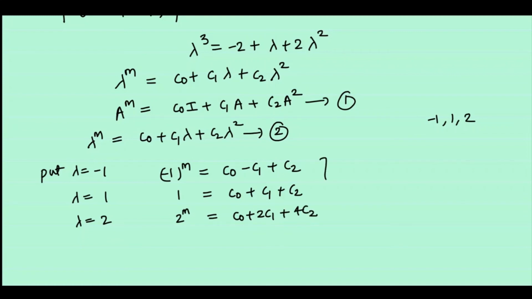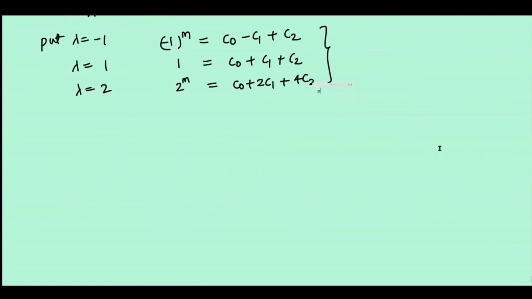Now we have to solve these three equations. We have three equations in three unknowns, and if we solve this, we will get the values of C0, C1 and C2. You can solve by any method, by substitution or by adding two equations. Anyway, we have three equations in three unknowns, so we will get a solution.